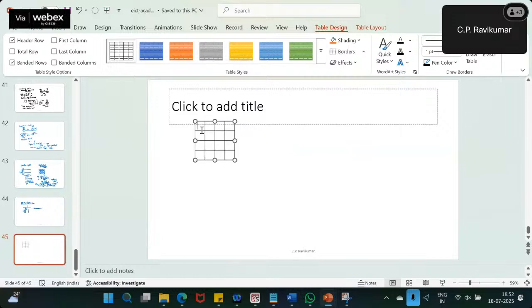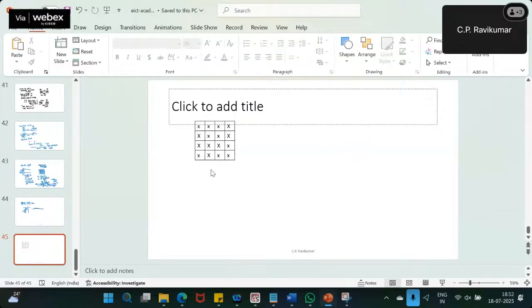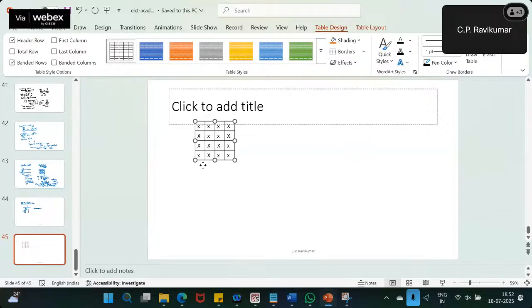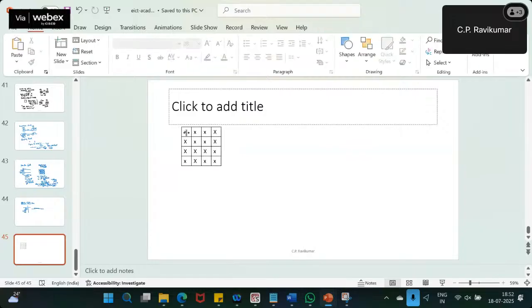Initially when it is powered on, maybe it is in some unknown state. So people write some sort of a known pattern. For example, this is a common pattern called the checkerboard pattern.